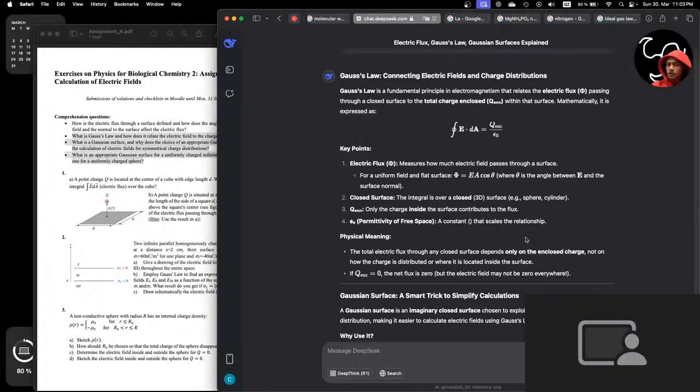That scales to a constant. That scales to the relationship.